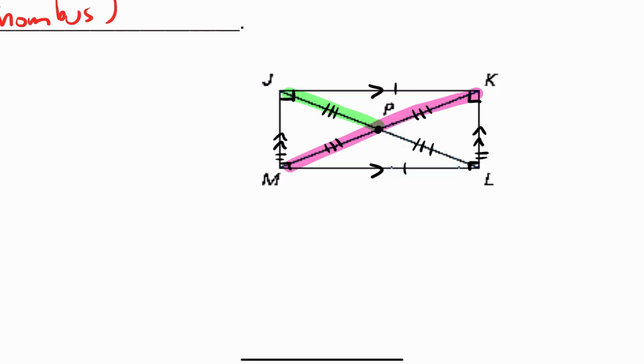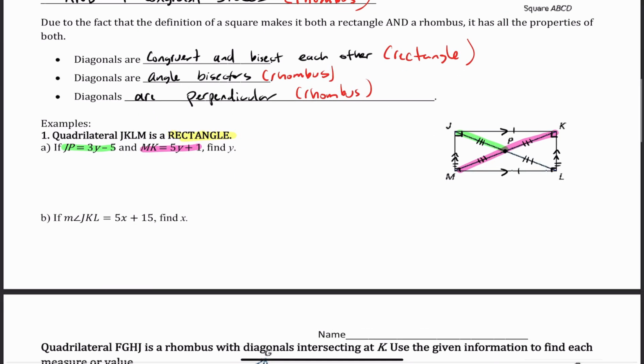If I'm looking at the parts here, this part in green is not going to equal this part in pink. In fact, if we look very carefully, I need 2 of the greens to equal the whole pink. So I can say that I need 2 times the quantity of 3y minus 5 is equal to 5y plus 1. And then I need to do my algebra. I should get 6y minus 10 equals 5y plus 1. So your answer is going to be 11.